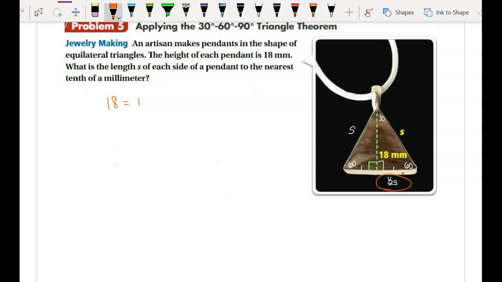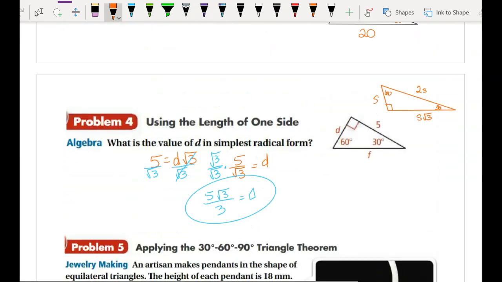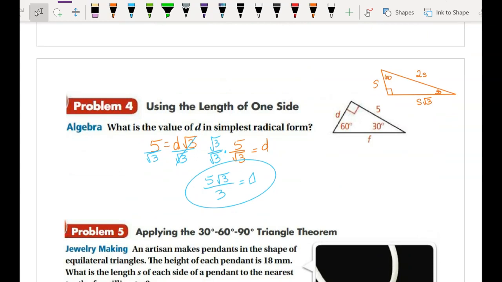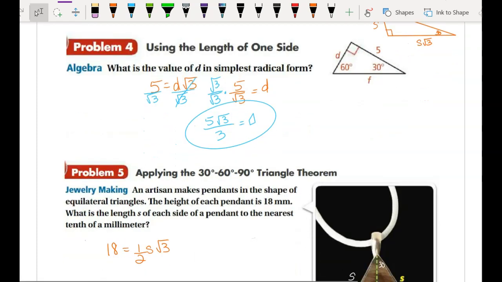My short leg is 1/2 s, and then I'm going to multiply it by the square root of 3, because in my theorem up here, the long leg is equal to the short leg times the square root of 3.